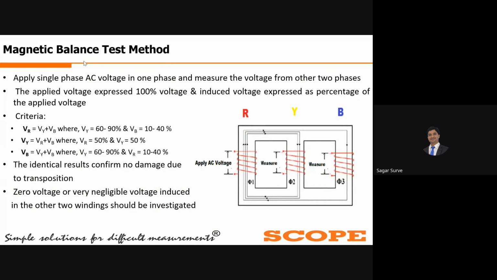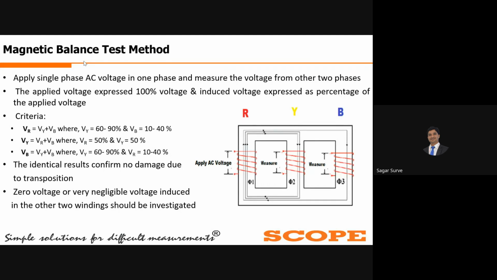Now, what is the test method to conduct this test? For example, we can take this transformer in the picture. Here we have R, Y, B, three windings of the transformer wound on a transformer core, and we are applying some AC voltage at the R phase. As you can see in the picture, flux will be generated inside the transformer core, and that flux will be aligned with the Y phase also and the B phase also.